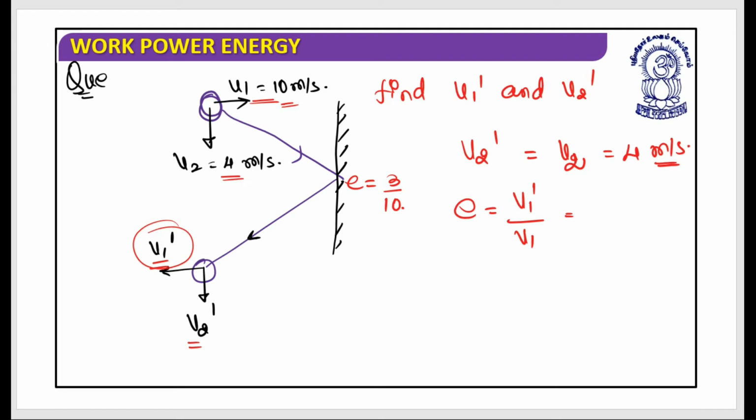So v1 dash is equal to e into v1. e is 3 by 10 multiplied by v1, which is 10. This has gone and this is 3 meters per second. So I have v1 dash, I have v2 dash. That's it. You did it. Is it clear?